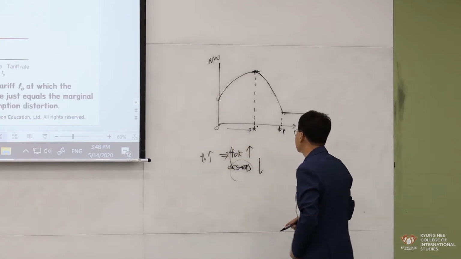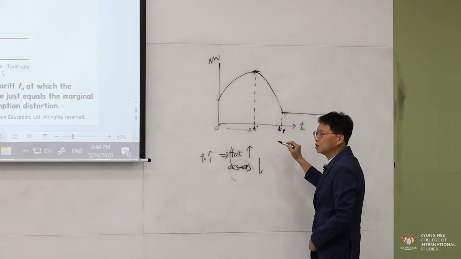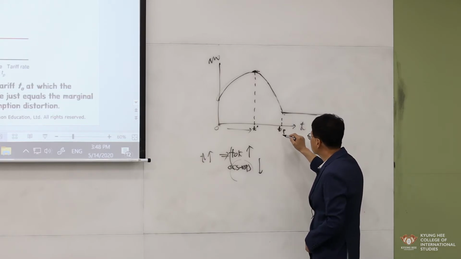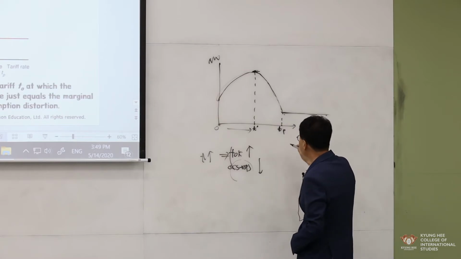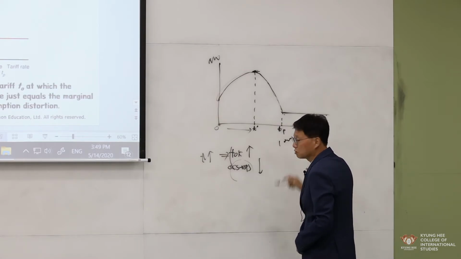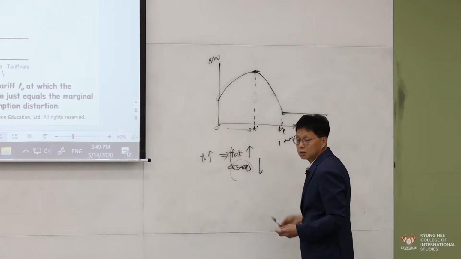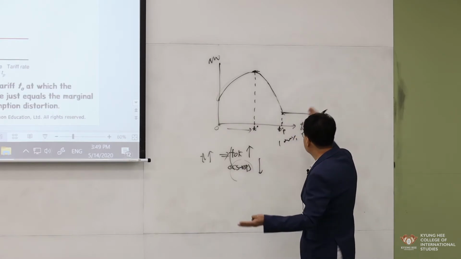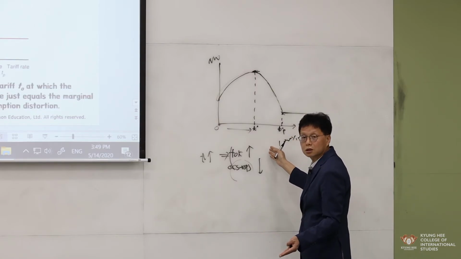For example, our tariff rate in 1990, for example, Japanese tariff on imported rice is, for example, 1,000% or 2,000%. That is a prohibitive tariff, right? Increasing the tariff more does not impact the result at all.